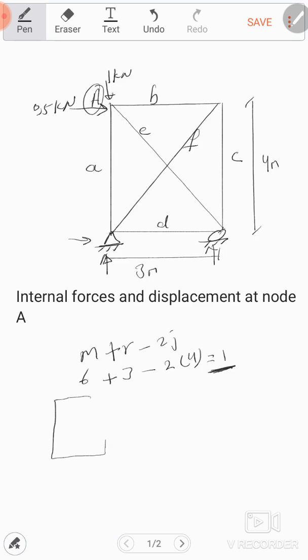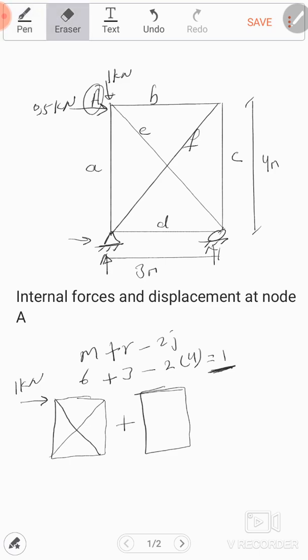This is our structure. The first force is 0.5 kilonewton. So we will remove it and put 1 kilonewton. Let me make it clear.